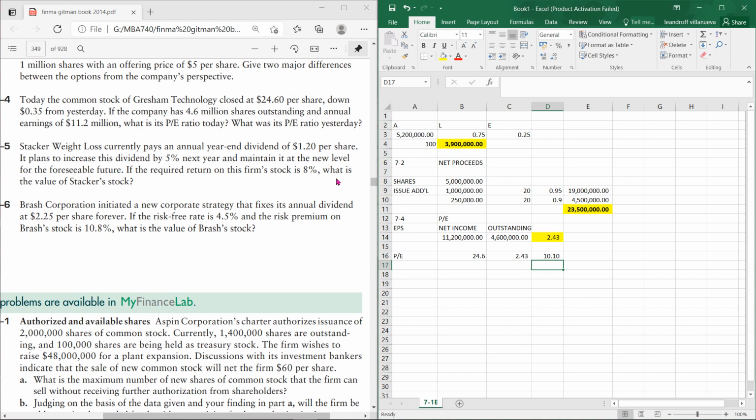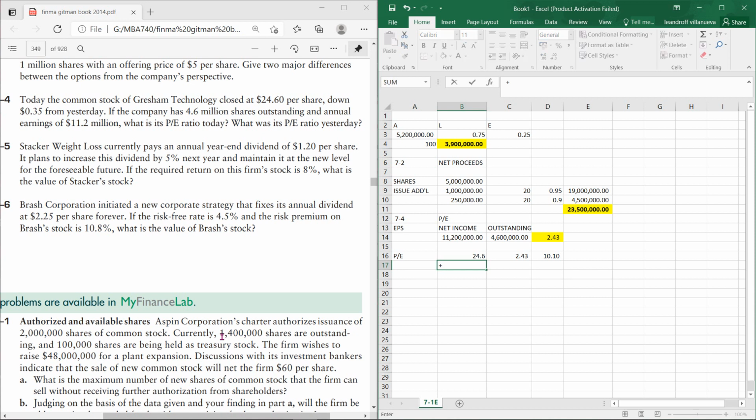Okay. And then we have the PE ratio yesterday. It is down by 0.35. So what will we do? The 24.6 will be... our PE today is higher, because it was down by 0.35 yesterday.